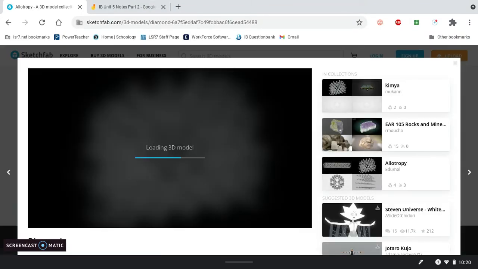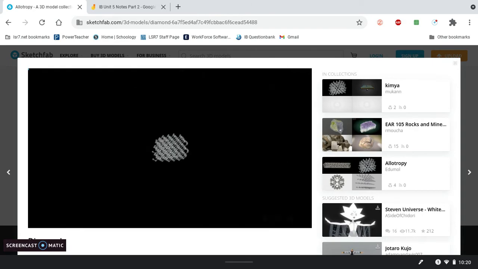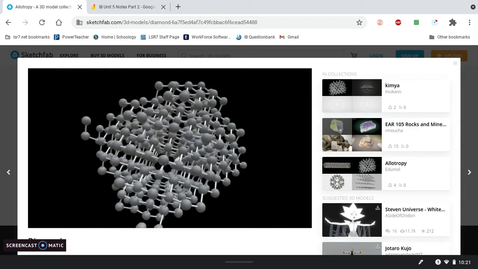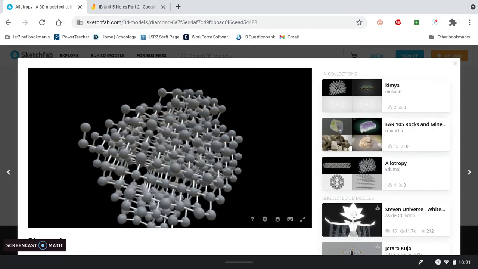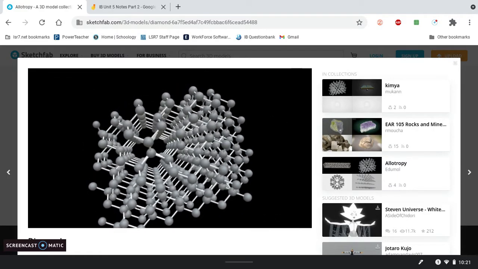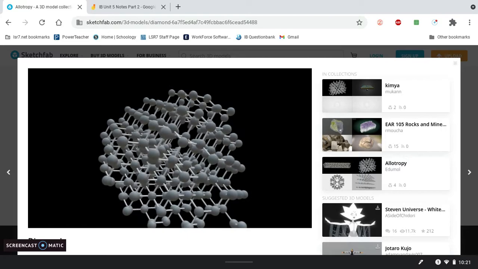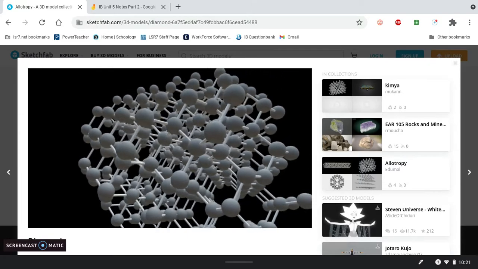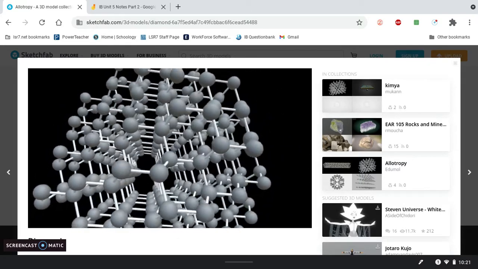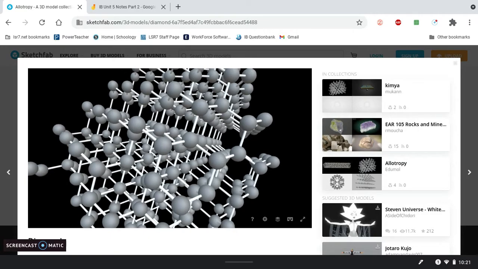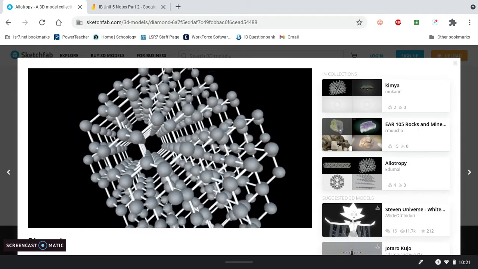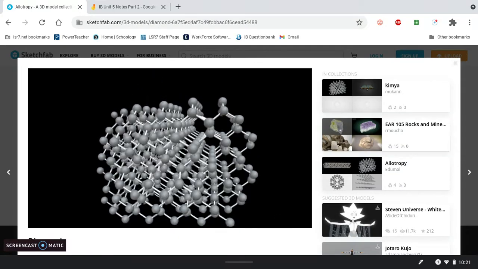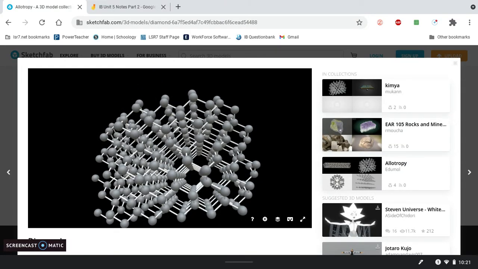Okay, so here's diamond. This is a 3D model. If you look, you can see that every one of these carbons is connected to all of these other carbons. What that does is create a very, very difficult structure to break these bonds. So carbon, if it gets that fourth bond, creates this very, very strong structure, which is the diamond.